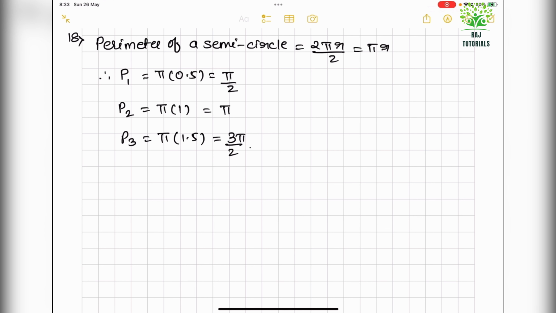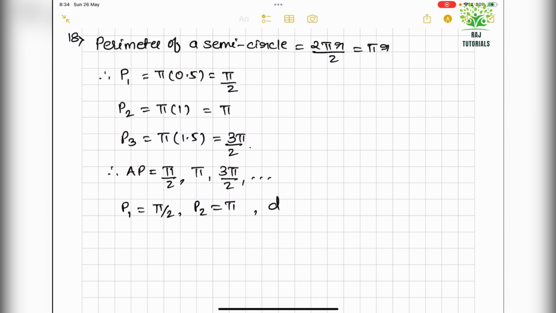So therefore my AP will be pi by 2, pi, 3 pi by 2 and so on. Now I got the AP. So see here, P1, that is perimeter 1, is pi by 2, P2 is pi.